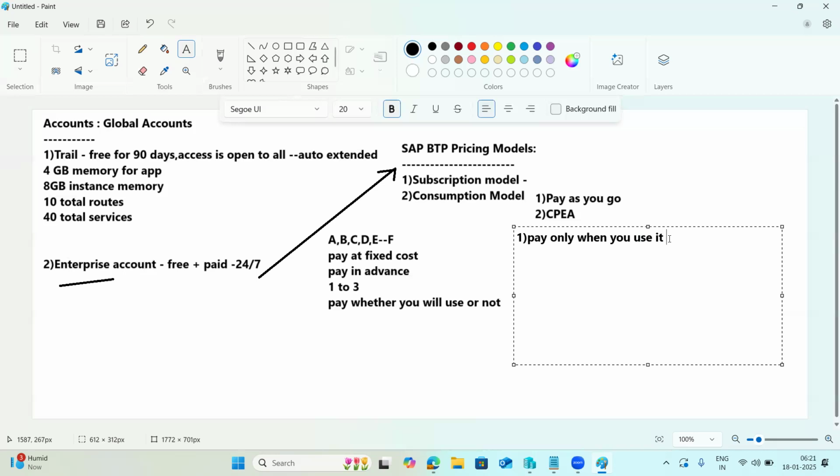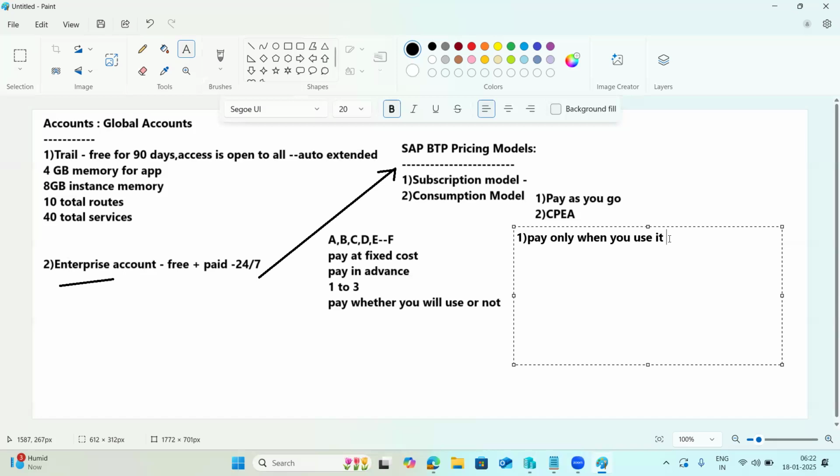New customers who are not sure which services they want to use, or what the usage will be, can go for pay as you go for BTP and get complete flexibility across all the services. They pay only for the services they use. At the end of the month you get the monthly bill, and we have to pay that amount.